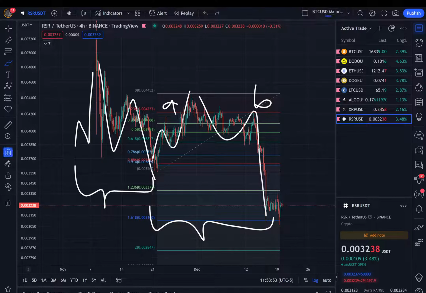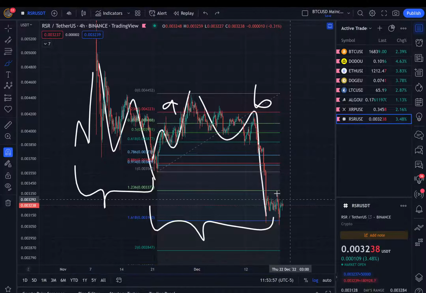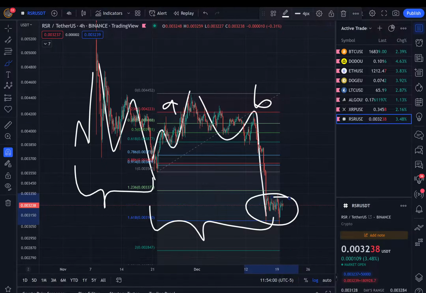I got in somewhere up here, but then my second position of RSR, I got in down here. So I lost, but I also gained. Do you understand? It's important psychologically and mathematically to understand that so you can keep going. Because the only way to win at this game is to keep going.